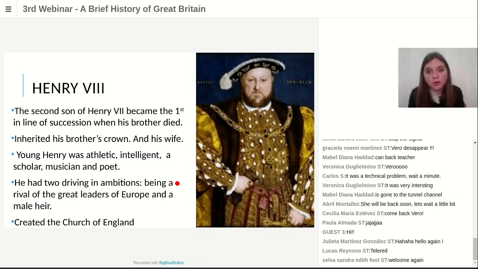And also, he wanted a male heir. So you may know this story. That's what he wanted, basically more than anything else. That was a male heir. So that is why his story is so famous. And that is why, well, I don't want to say anything, but he also created the Church of England.